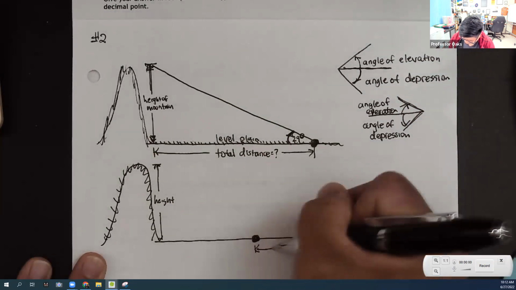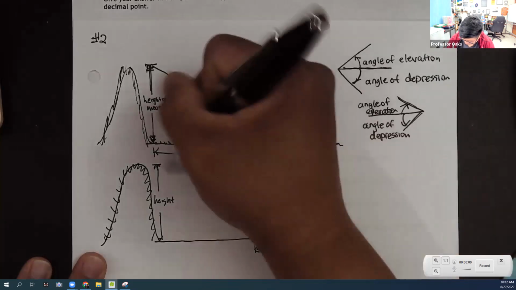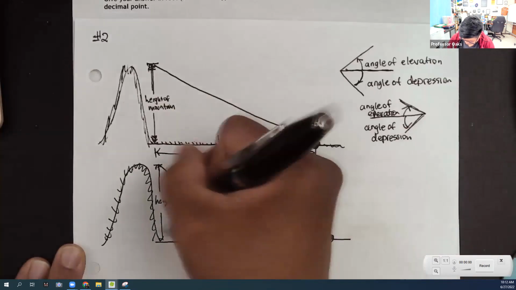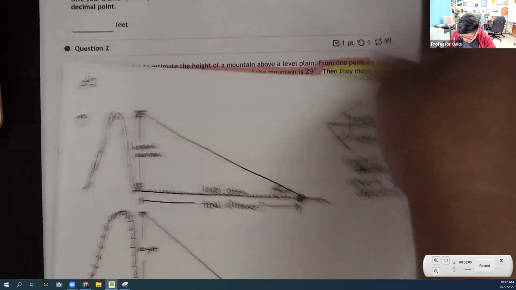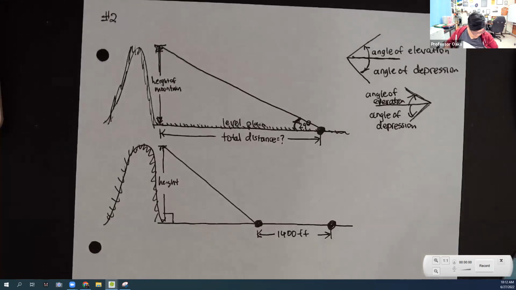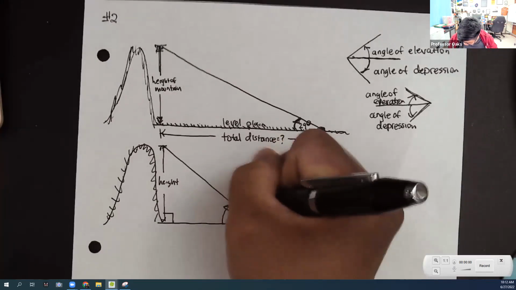So this is 1,400 feet, and then that angle of elevation was 31 degrees.